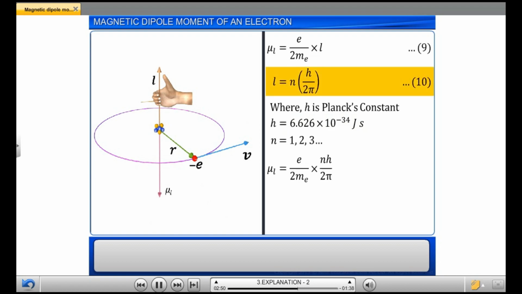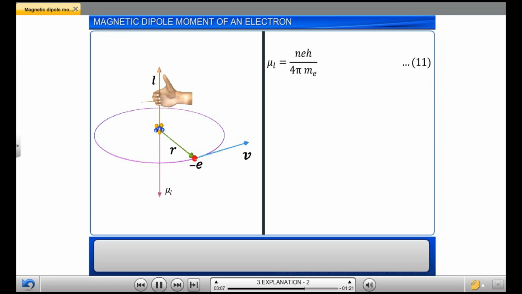Substituting equation 10 in equation 9 and simplifying, we get the magnetic moment μL is equal to n e h by 4π me. Let this be equation 11. For an electron, the magnetic moment is minimum for n equal to 1.